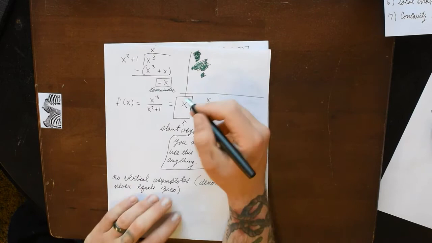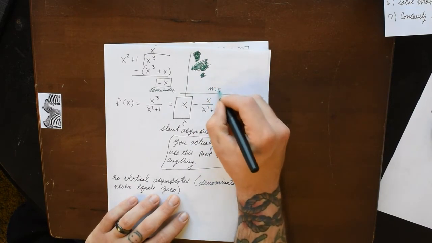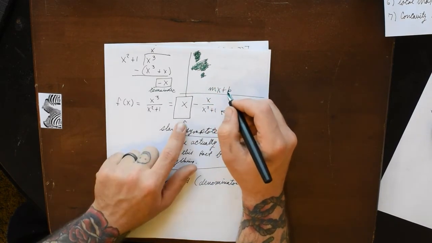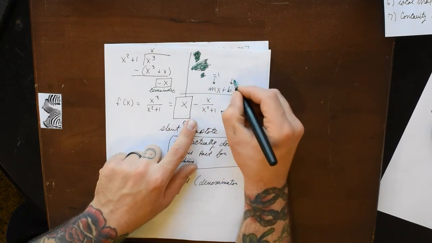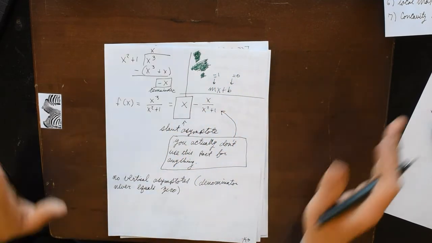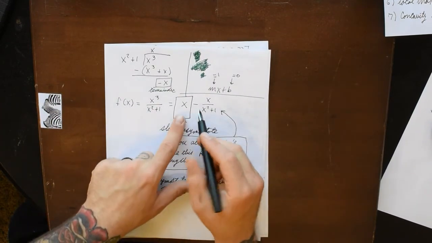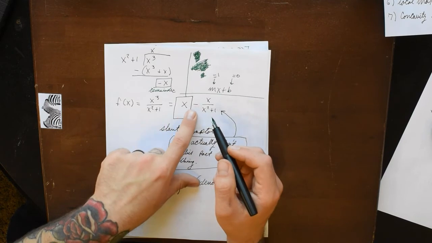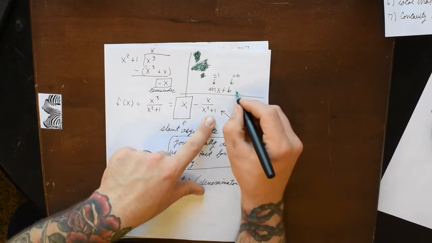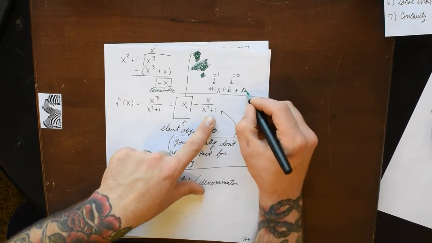Perfect. So this is of the form mx plus b. Just for this problem, m happened to equal 1 and b happened to equal 0. Won't always work that way, but we do have f of x is equal to some mx plus b minus a remainder term. Plus or minus remainder.